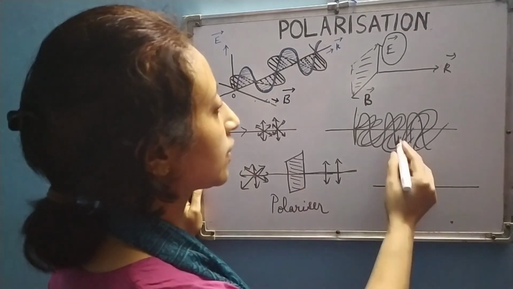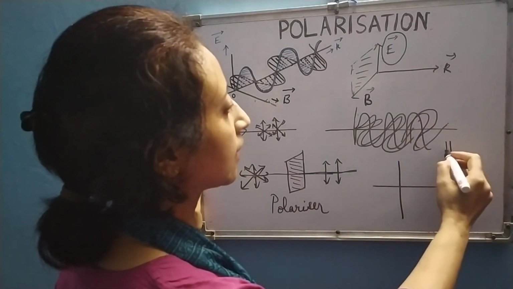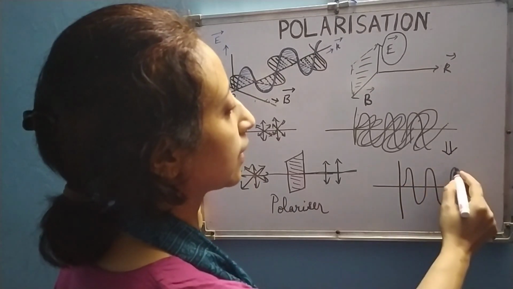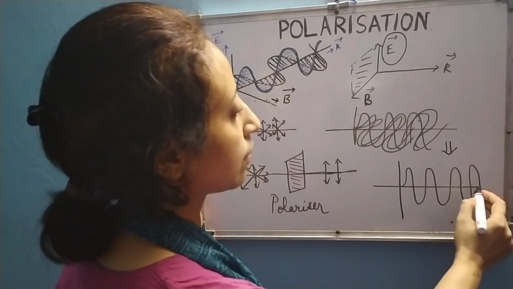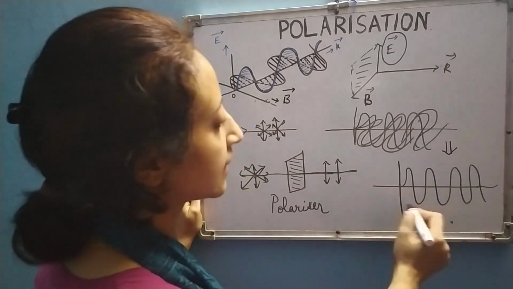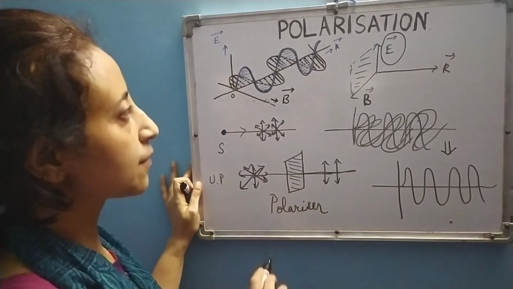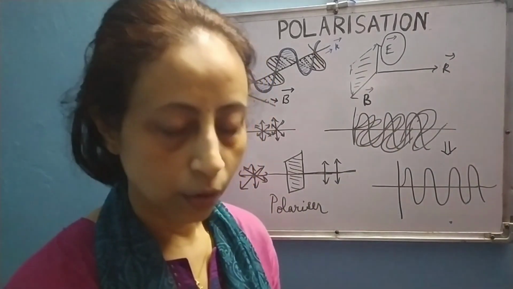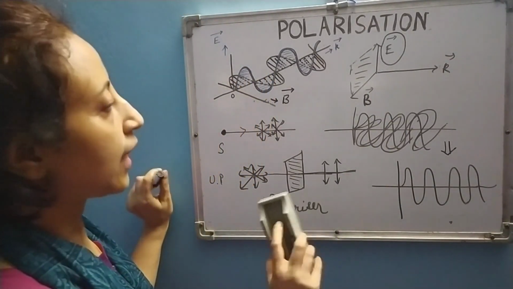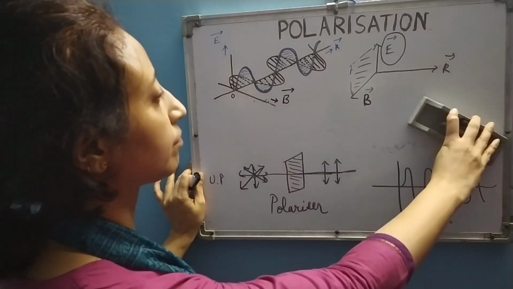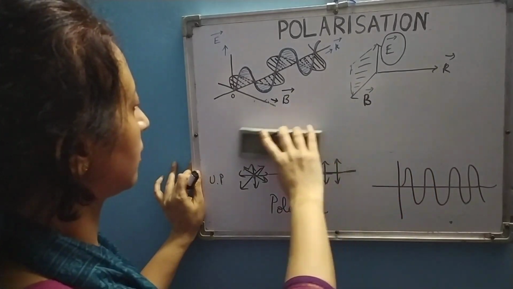That means originally we had this, then after passing through the polarizer it becomes something like this. Only one component, only one direction of vibration will be left out. So this is plane polarized light, this is unpolarized light. Okay, and what is this polarizer? Polarizer is anything which is capable of cutting off all other components except one particular direction of vibration, right?